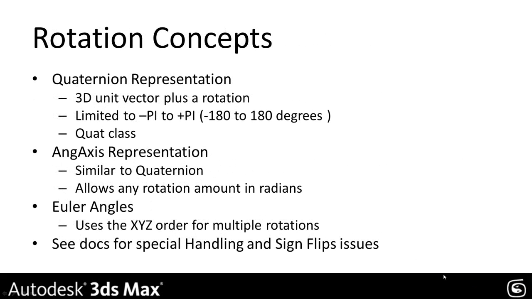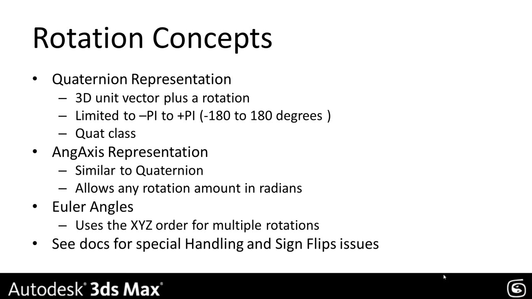To go further into rotation concepts, there are a couple of different ways rotation can take place. One of the more common ones is the quaternion representation. Basically there's a 3D unit vector that also has rotation, and this rotation is limited to minus pi to plus pi, which equates to roughly minus 180 degrees to 180 degrees. This is represented by the Quat class, so there's a Quat data type. The next one is called AngAxis, and that's the data type.